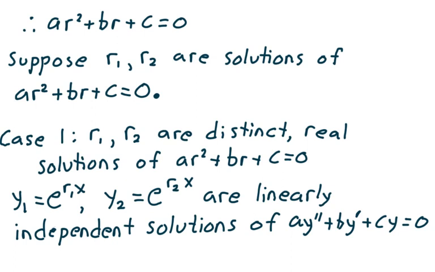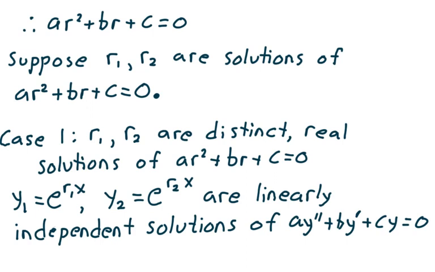Now, these are two linearly independent solutions, and what does that mean? That means I can't find a number to multiply by y1 to produce y2, essentially. So if y1 and y2 are two linearly independent solutions, then any linear combination of y1 and y2 is a solution of ay'' + by' + cy = 0.